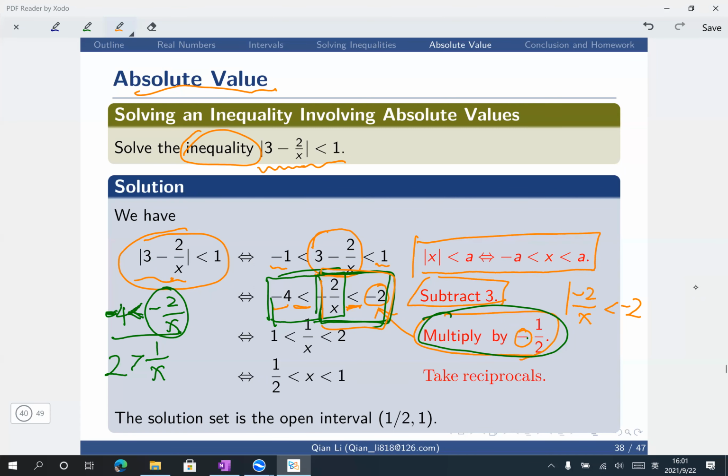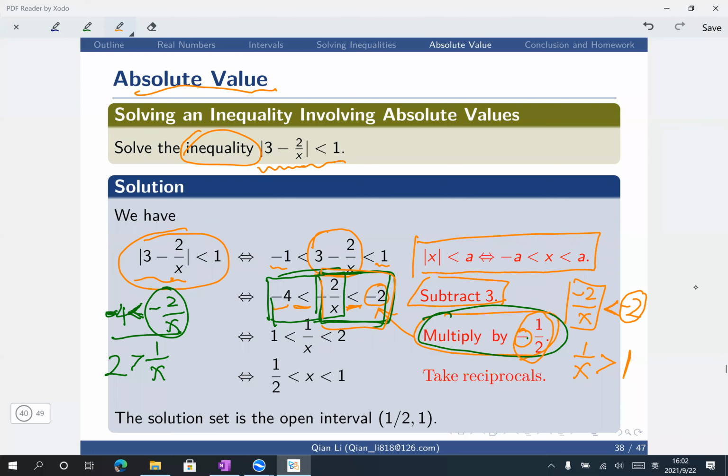And then this will become 1 over x, and smaller than will become larger than minus 2 multiplied by minus 1 over 2, and we get 1, right?